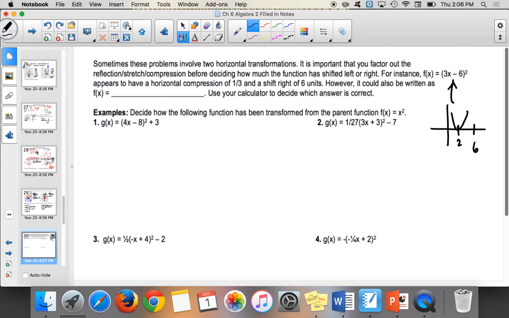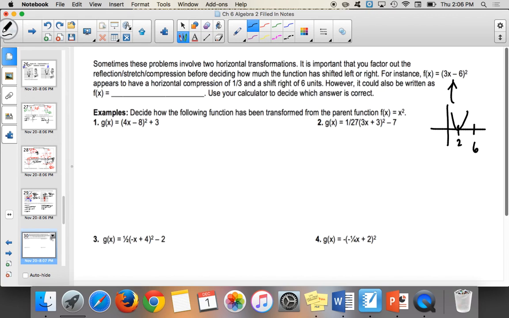That's where the vertex would be. So there's something strange going on. Okay, so if you see that you have some kind of horizontal stretch or compression or a reflection with a negative, and you also have right and left. So 2 things inside that parentheses. You guys see how there's 2 things, 2 transformations in there? The 3 and the negative 6. So if you have 2 things, you have to factor something out.